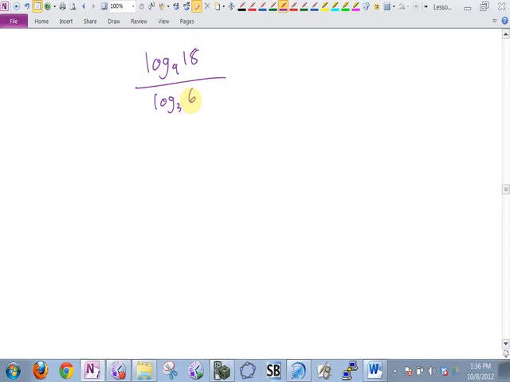Anybody? It doesn't. That does not in any way, shape, or form simplify down. Isn't that hard to believe? Look at all those numbers. They're all 3s and 9s, but no, nothing. You cannot cancel the 18 and the 6, the 9 and 3.